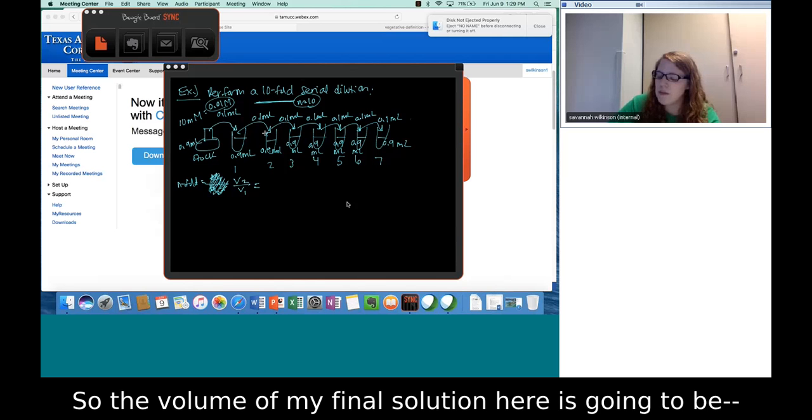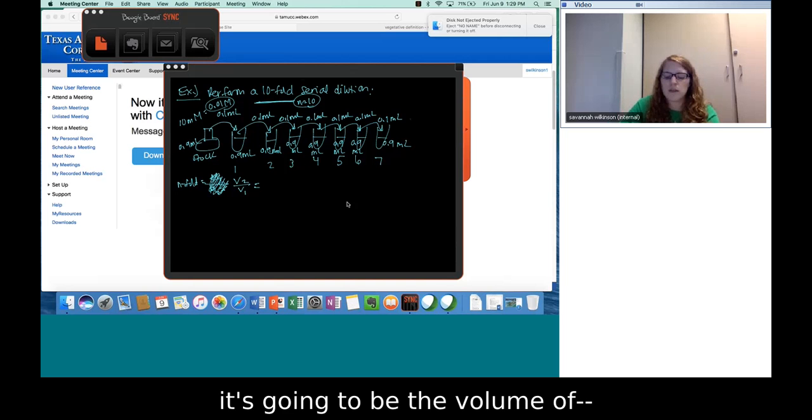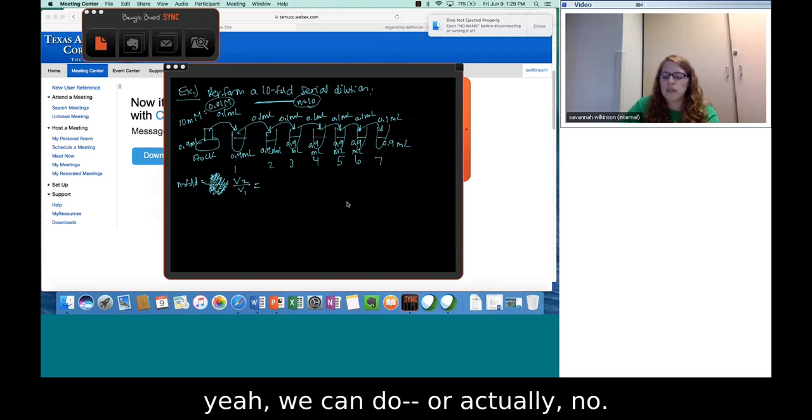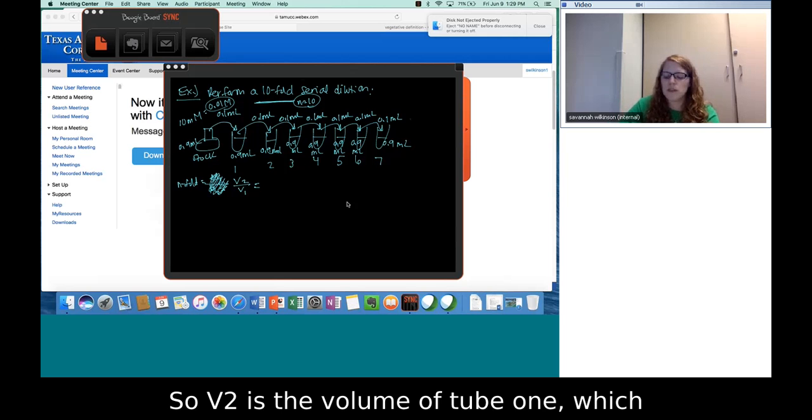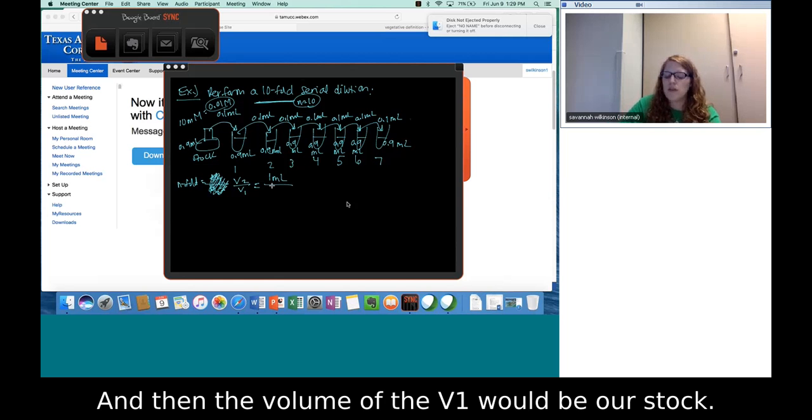I'll just do stock and tube 1. So V2 is the volume of tube 1, which is 1 mil, because 0.1 plus 0.9 is 1 mil. And then V1 would be our stock.